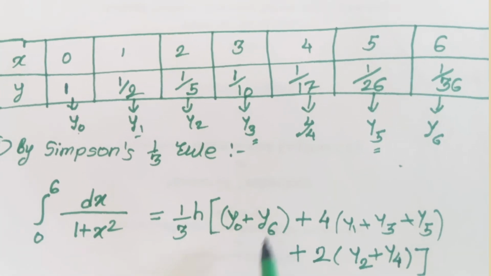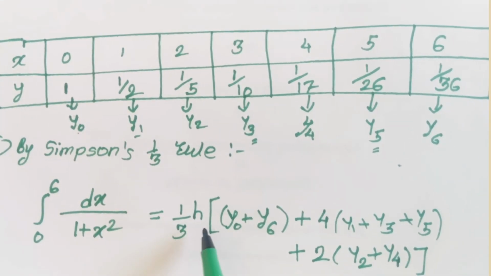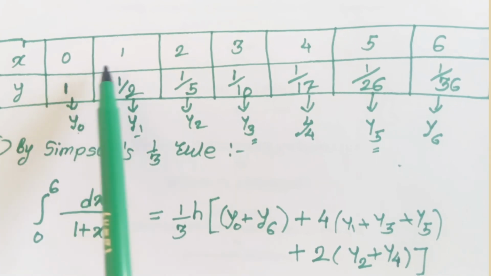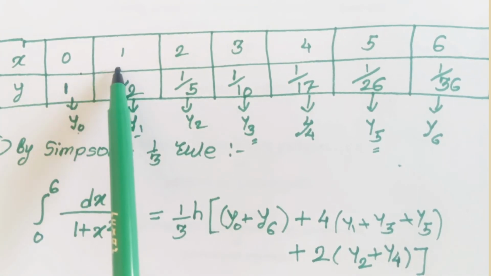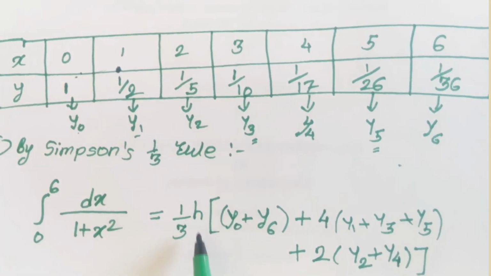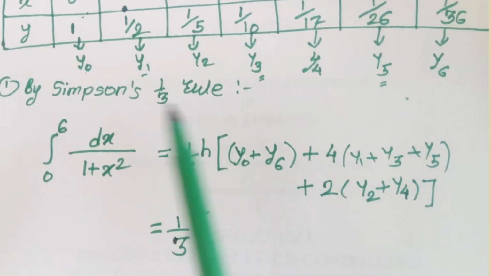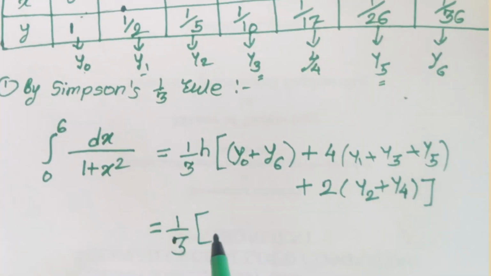So here if we put the values, h is the interval difference, that means corresponding to the values of x, we have to take the difference between them, then we get the value of h. So here the difference is 1, that is h is 1. So 1 upon 3 in bracket y0 plus y6, y0 is 1 and y6 is 1 by 36.